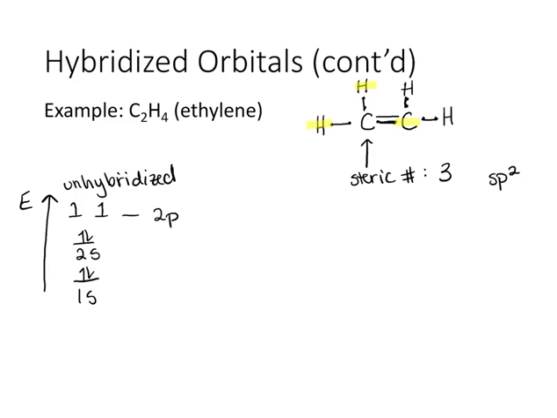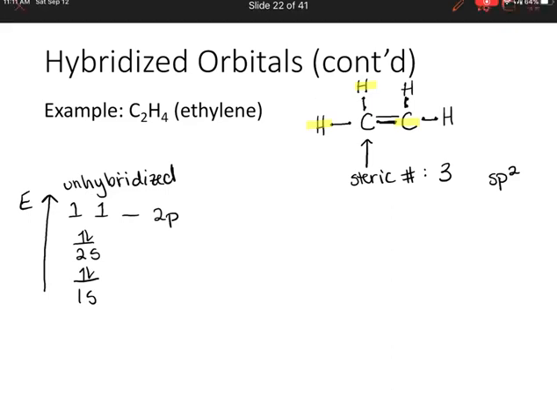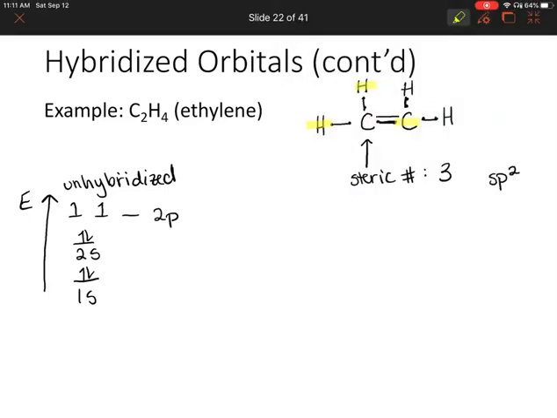So let's again combine our orbitals, but this time we're only going to combine the 2s and then 2 of the 2p orbitals. So one of those 2p orbitals doesn't have an electron, and we don't really need it in this case, so we're just going to let it hang out on its own.